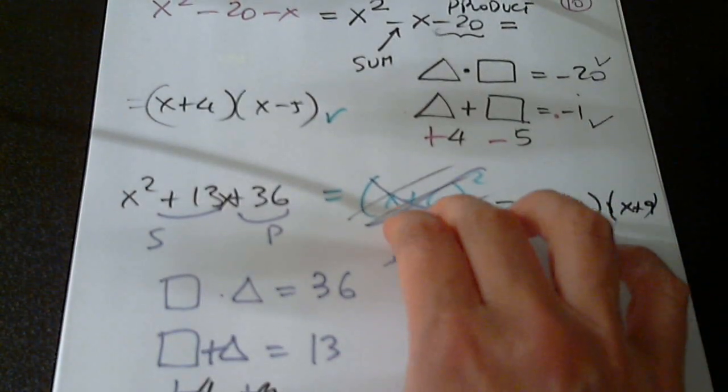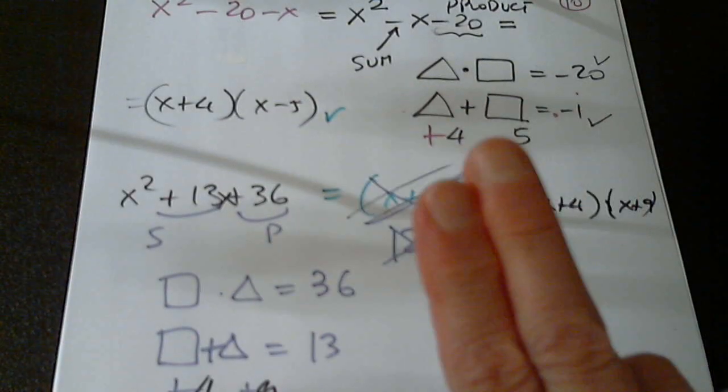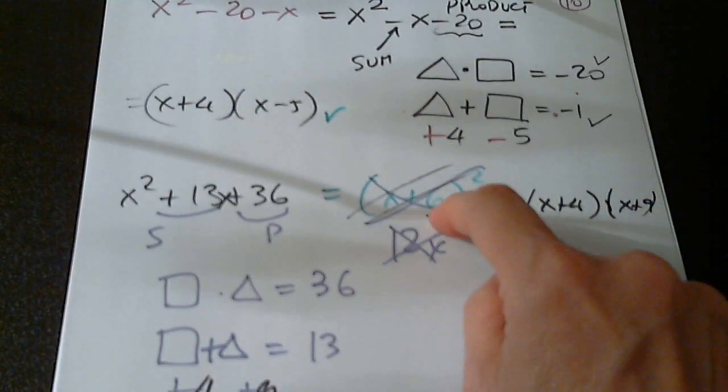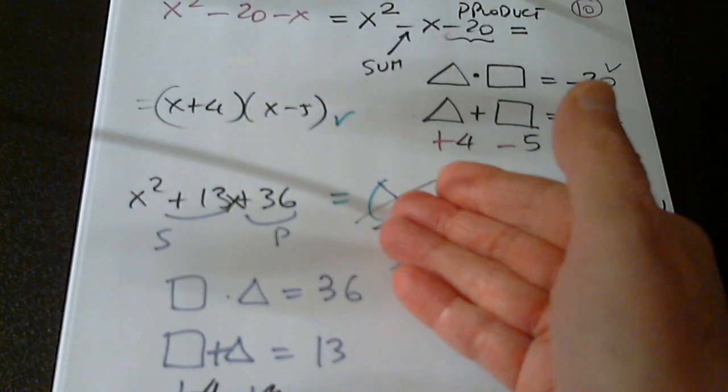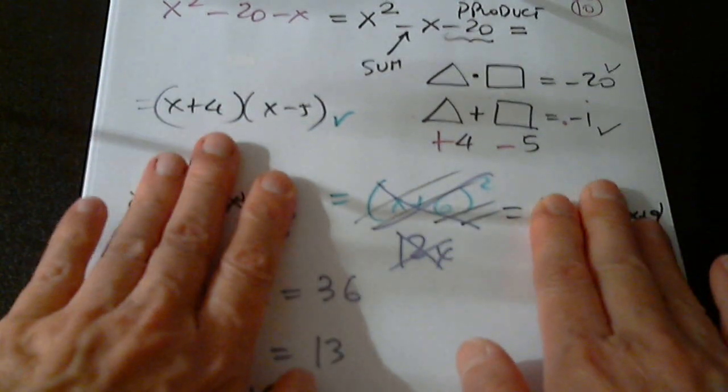Now, do you understand how we check the middle term for the special product? You only need to remember 2 times the first times the second. 2 times 6 is 12. 12 times x is 12x. It didn't work because this was 13x. These are not identical, but these are.